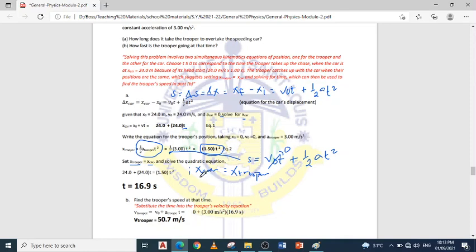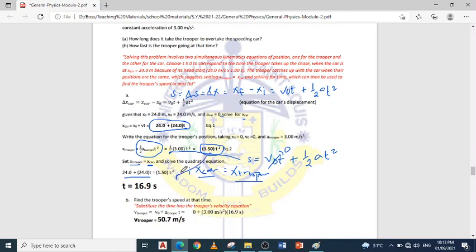Okay? So, yung x car natin, ito. Ito yung distance traveled ni car at a given time. Okay? So, kaya nandito siya. And then, x trooper, I should say. So, ito siya. x trooper, kaya nandyan.